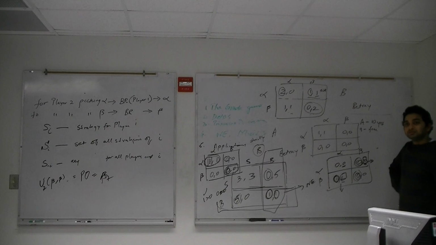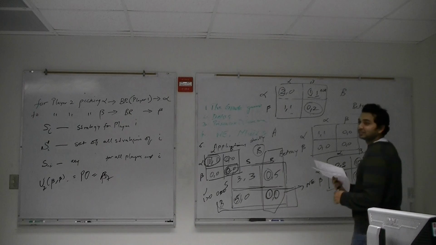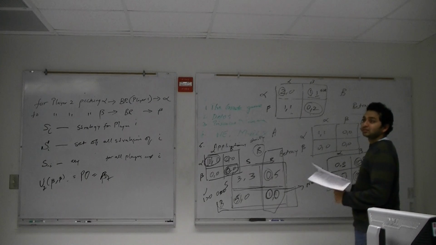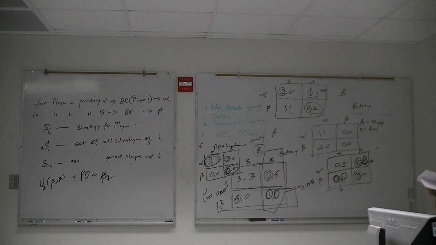Can you explain it again? Okay, you can just go directly to the one in the upper right corner. The first player chooses alpha, the second player chooses beta, and let's say I'm the first player. I assume that the second player is not going to change his strategy. So if I swap to beta, we get payoff 0, right?